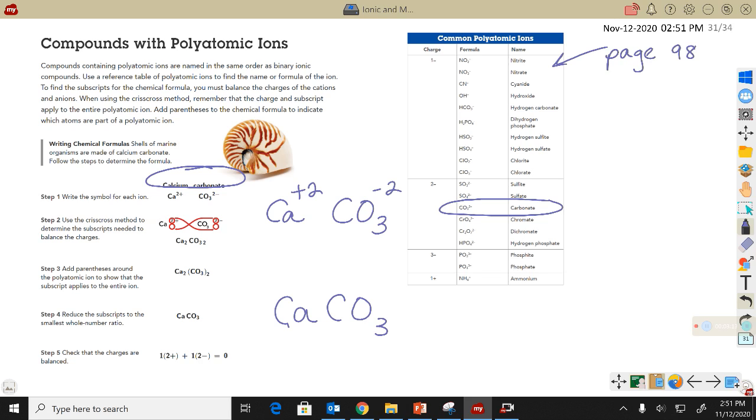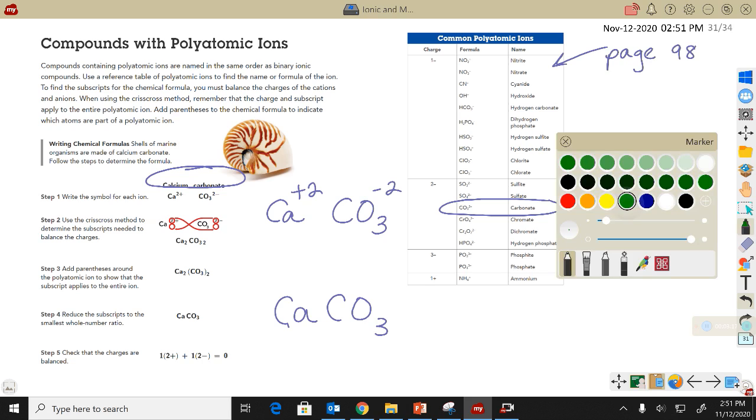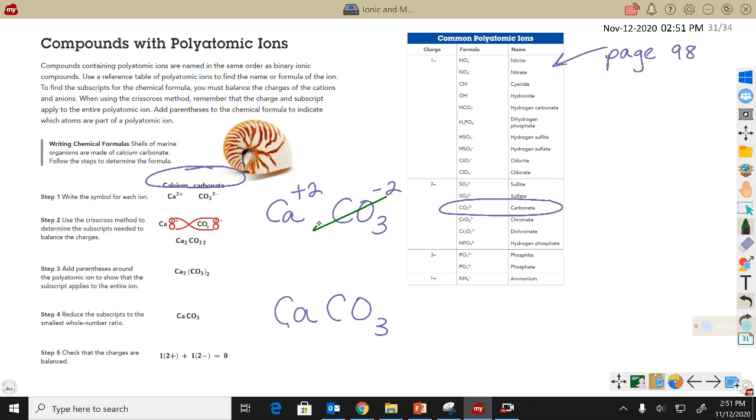Now you can do the crisscross thing too with polyatomic ions. That's fine. You just take this 2 and this 2 and you crisscross them. Now when you need more than one of a polyatomic group, you'll see it written in parentheses.